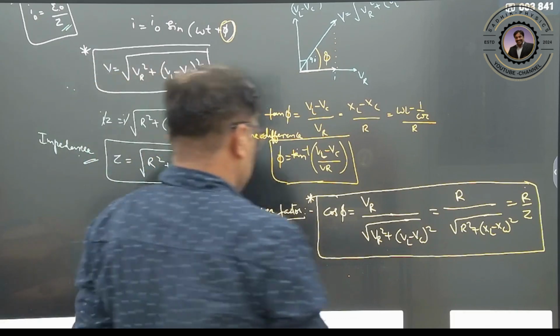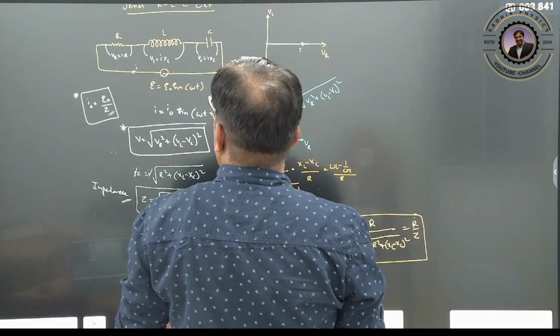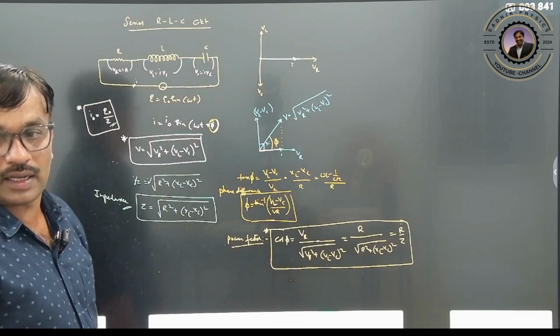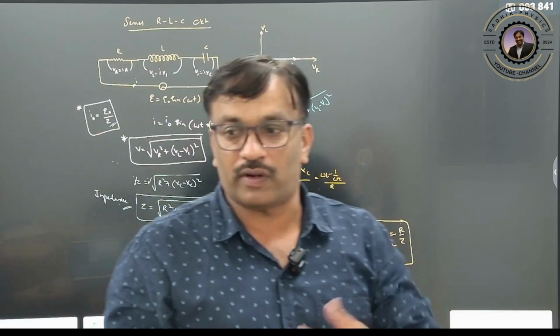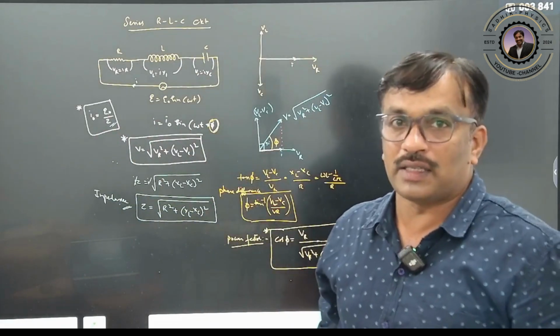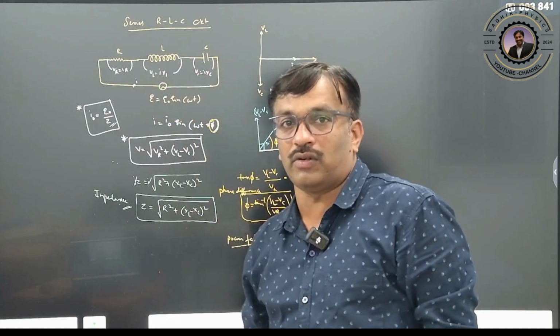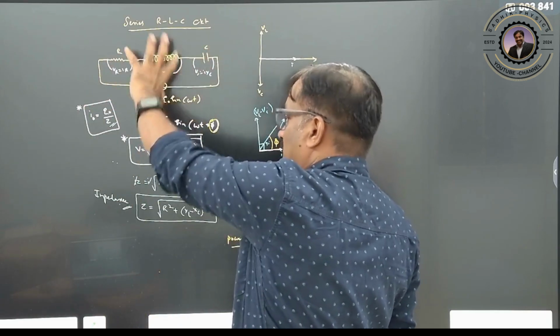Right? So these are the concepts involved with a series RLC circuit. Very important. If you want an RL circuit only, or an RC circuit, or an LC circuit, what do you do? If it is an RL circuit, just delete the C part, and the rest is the same.